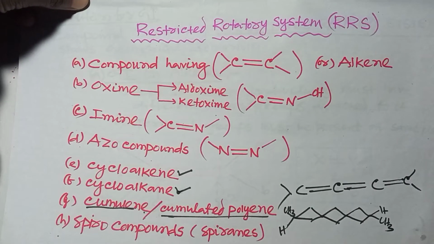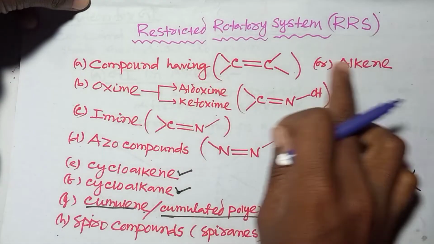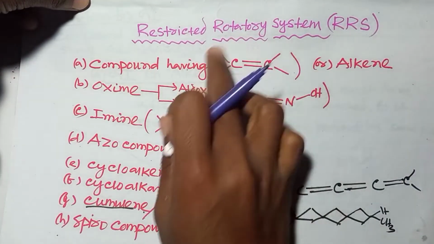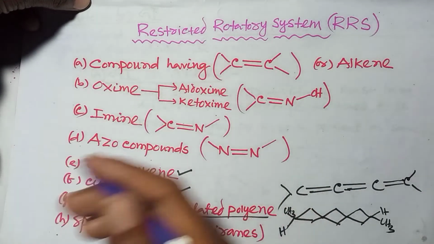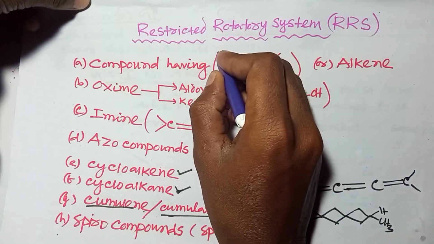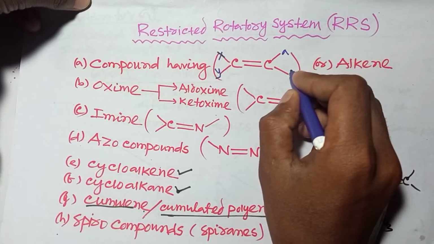The restricted rotatory system can be an alkene, like this carbon-carbon double bond. Let's say group X is attached to Y and Y is here, A is here and B is here.